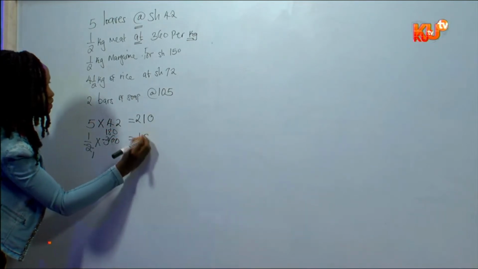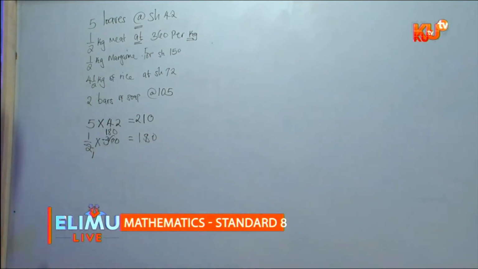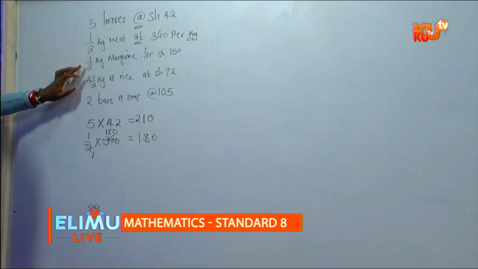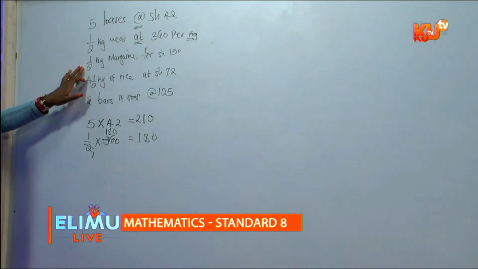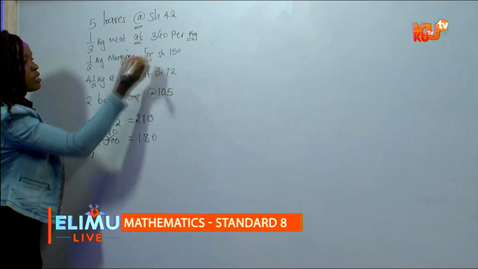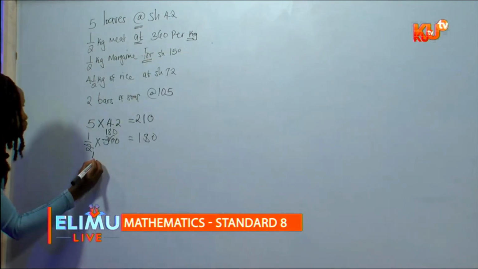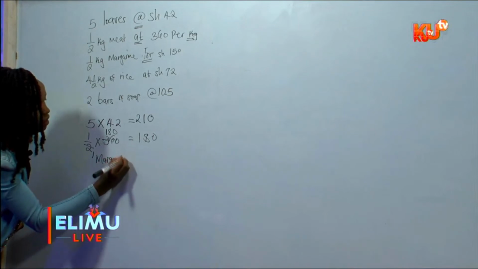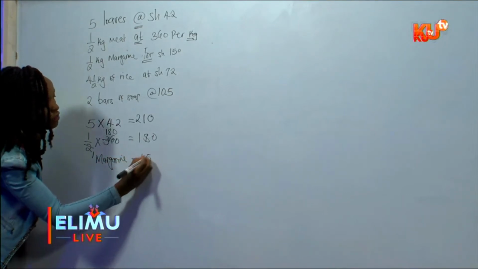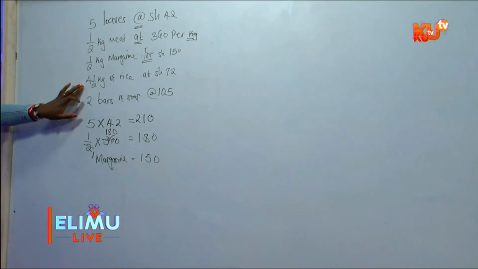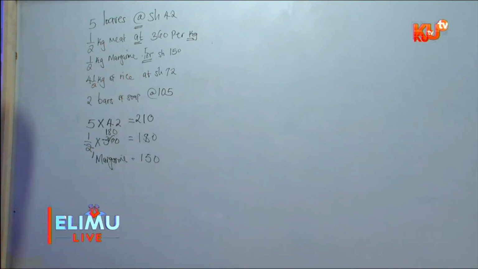We get 180 shillings as the cost of a half kg of meat. Then we have a half kg of margarine for 150 shillings, that is the cost of the item. So margarine cost 150 shillings.